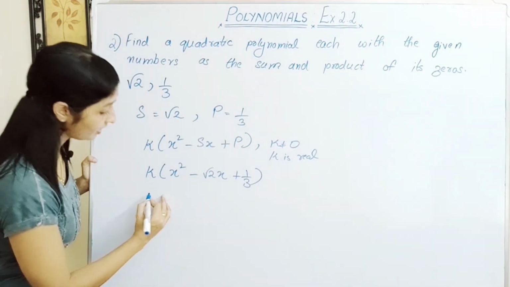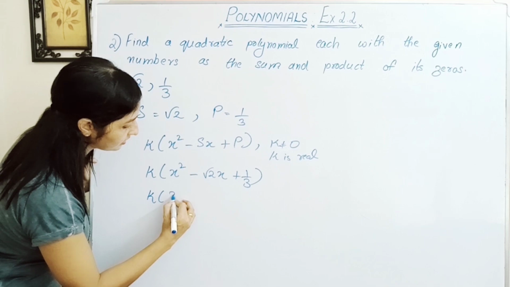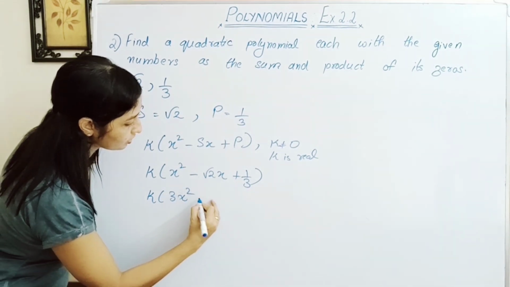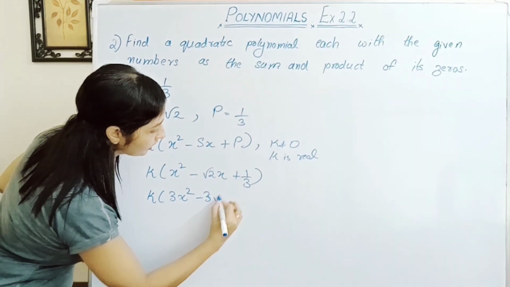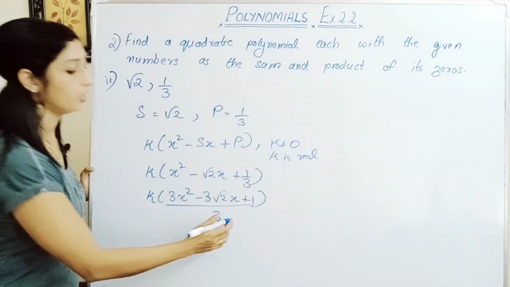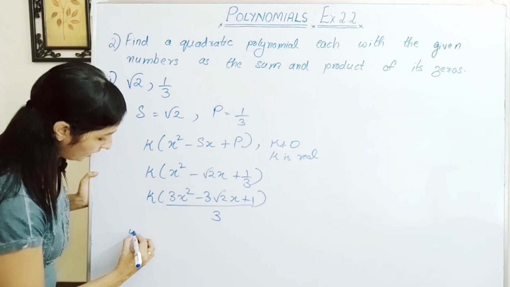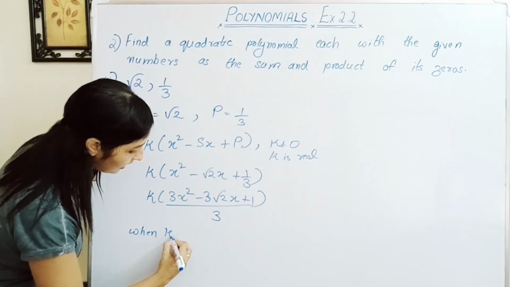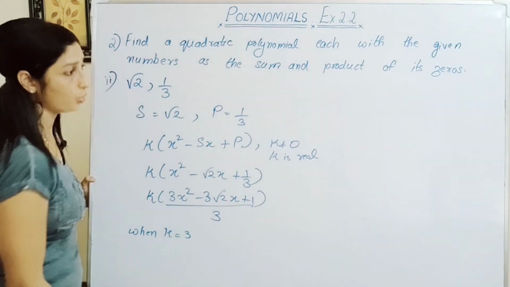Now I am going to take the LCM. So you get k into 3x square minus 3 root 2x plus 1 by 3. Now what is our next step? When k is equal to 3, what do you get?